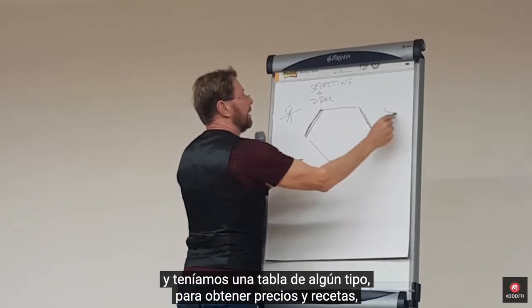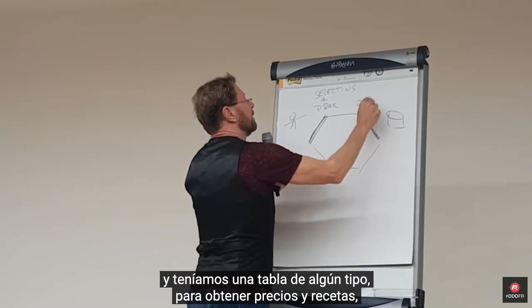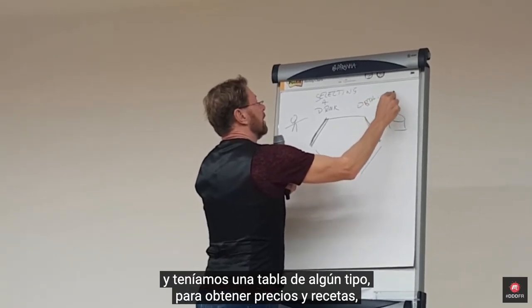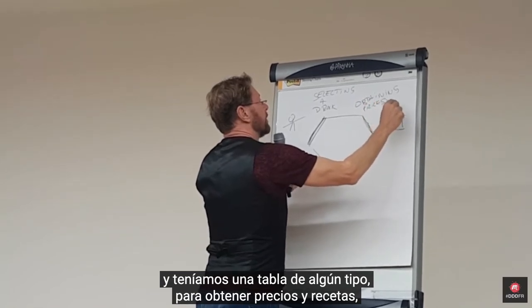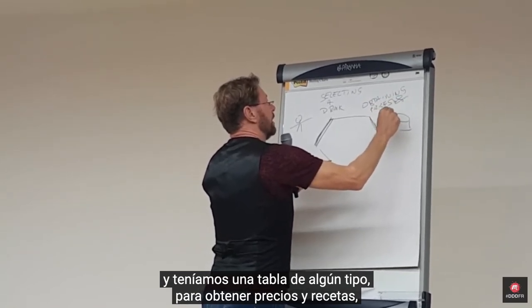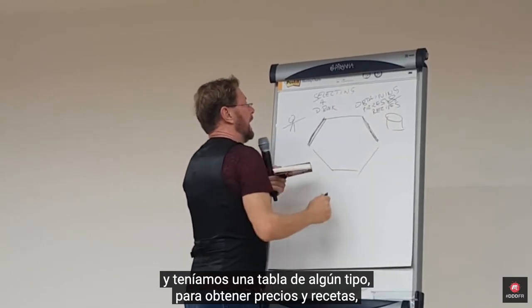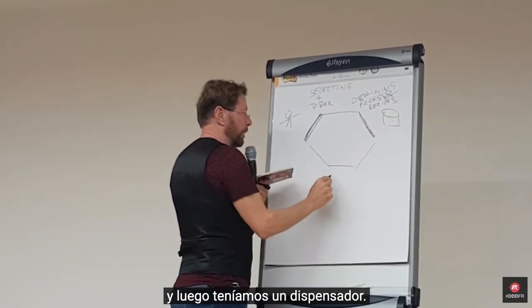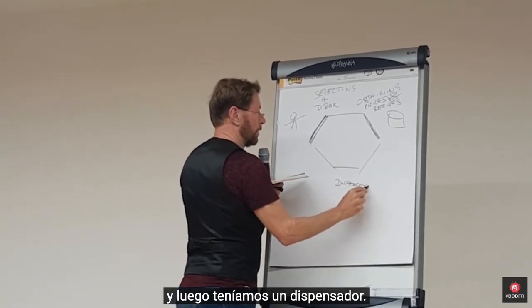And we had a table of some sort for obtaining prices and recipes. Prices and recipes. I know you can't read it, but you know what I'm saying, because I'm drawing it, right? And then we had a dispenser. So then we had drink dispensers.